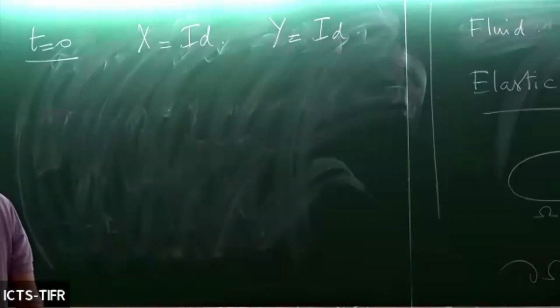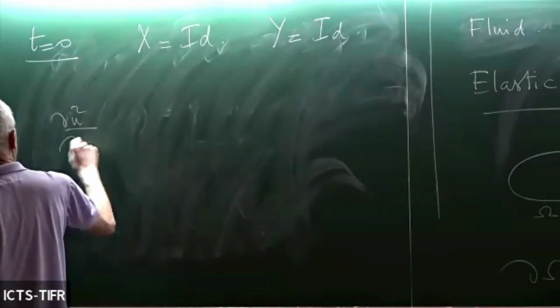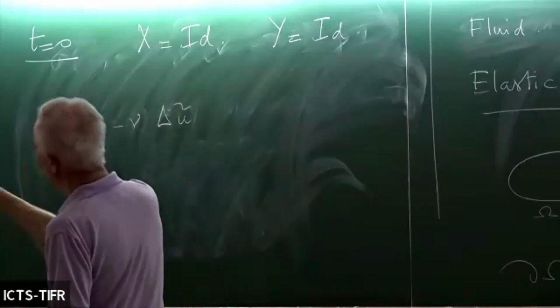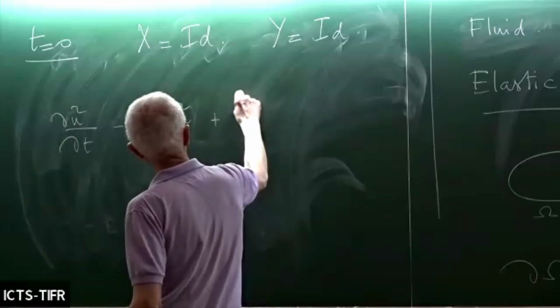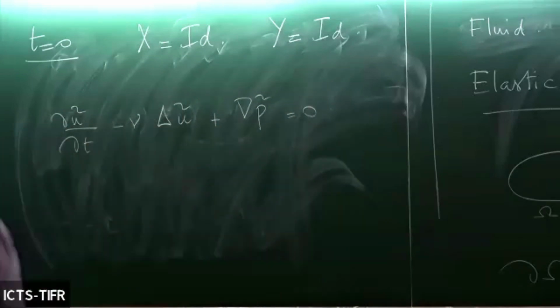And so all these Jacobians here are the identity. And so what I get finally, at time t equal to 0, the equation, even if it is written for u tilde, is nothing else than the Laplace equation, and the same for the gradient of the pressure. So for t close to 0, this is very close to the Laplace of u.